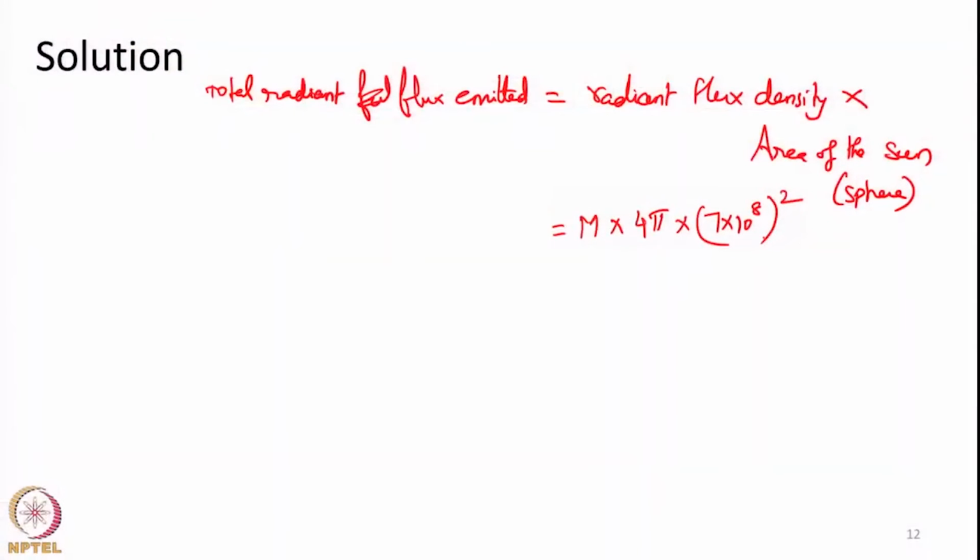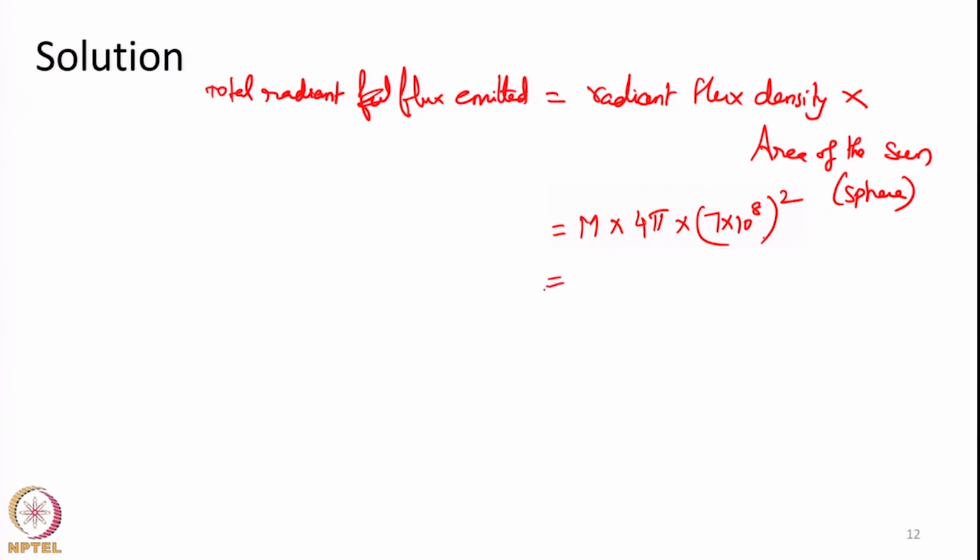Okay. So, here the radiant flux density is the M we calculated in the previous slide, multiplied by the surface area of the sphere, which is 4 pi r square. So, 4 pi into the radius of the sun, which is given there roughly.